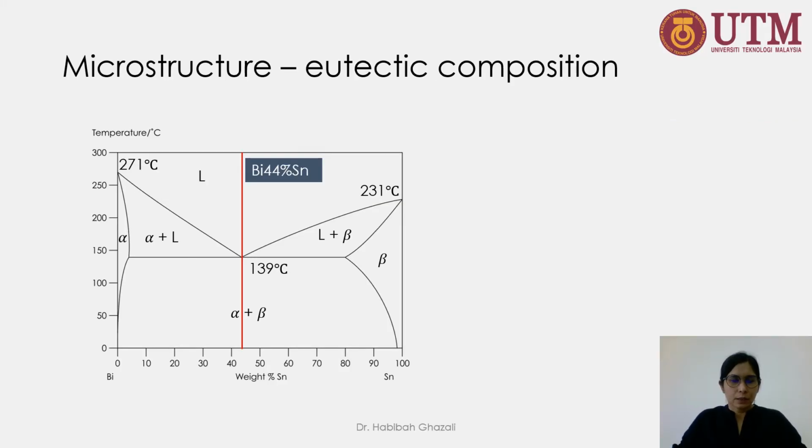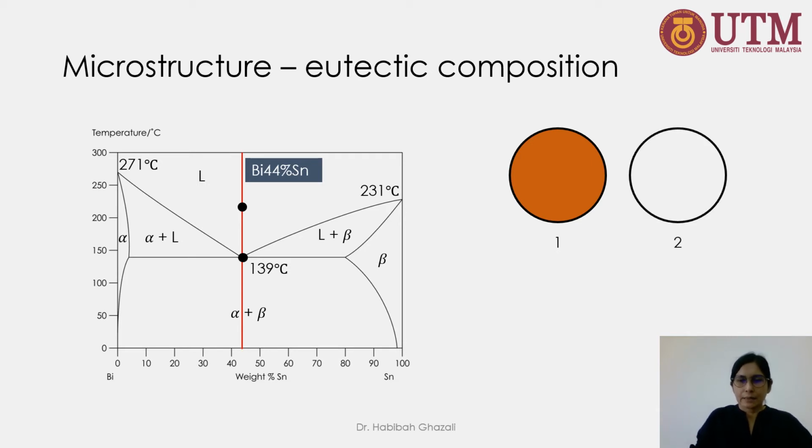Now let's have a look at how the microstructure of the eutectic composition forms. Above the eutectic point, everything will still be liquid. As soon as the temperature drops to 139 degrees Celsius, which is the eutectic temperature, the alpha solid solution will start to nucleate, and the beta solid solution will nucleate right next to alpha.